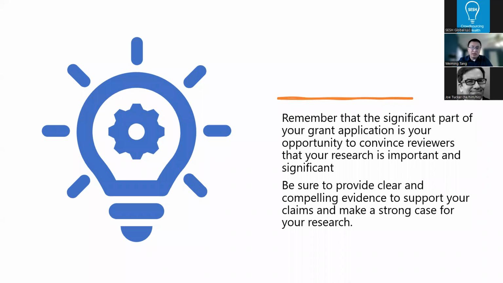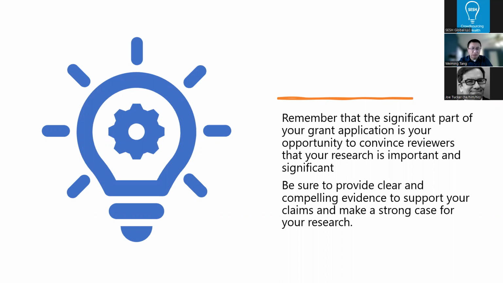One thing we need to remember is that the significance part of your grant proposal is your opportunity to convince reviewers that your research is important and significant. Be sure to provide clear and compelling evidence to support your claims and make a strong case for your research. I actually mentioned this in the previous slides, but I want to emphasize it further.